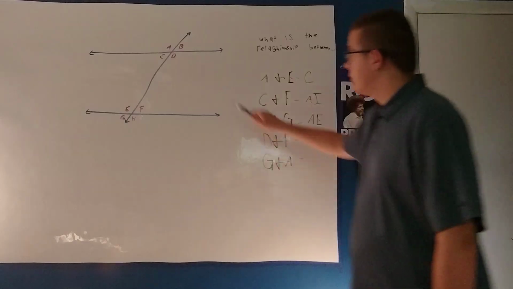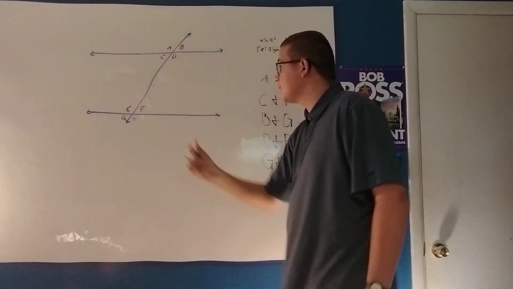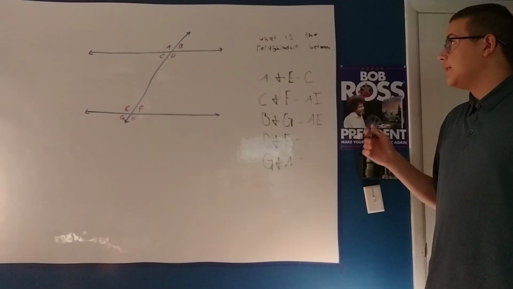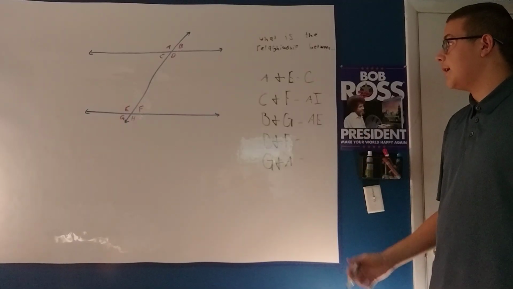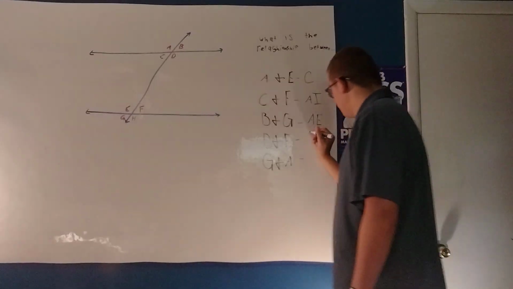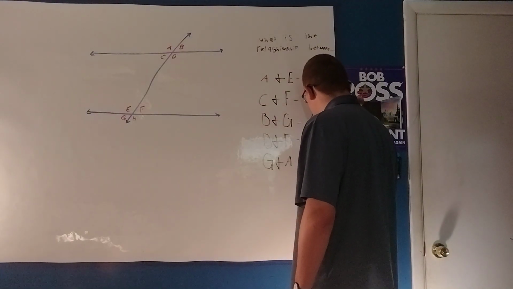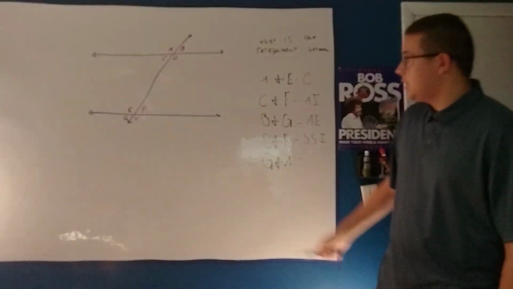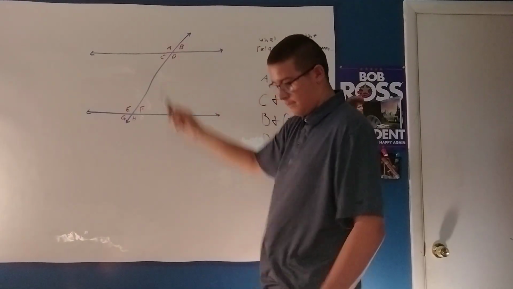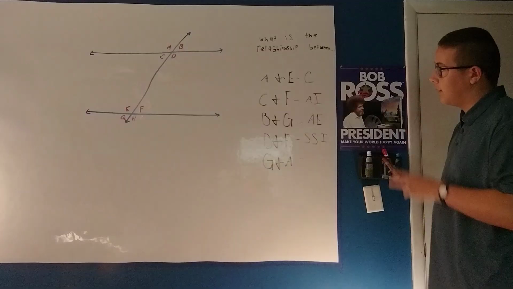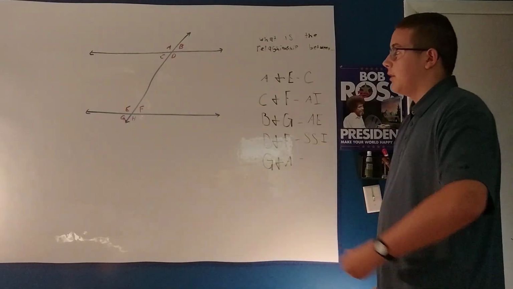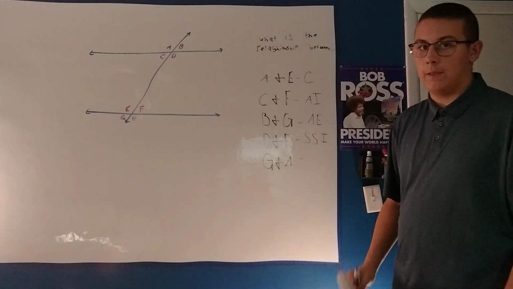D and F. So here's D and here's F. They're on the same side of the transversal, and they're on the inside. So this is same side interior. And then G and A, they're on the same side of the transversal, and they are on the outside of the parallel lines.